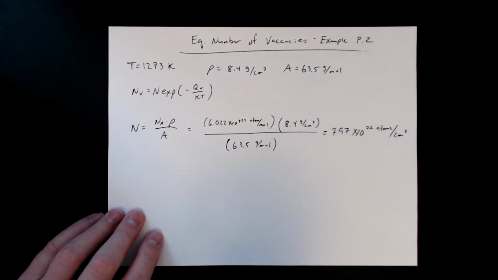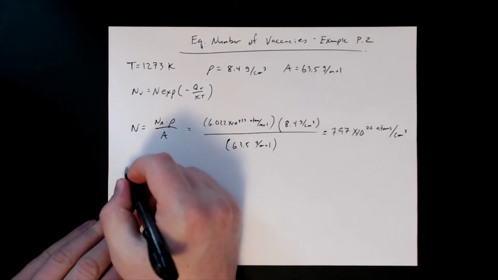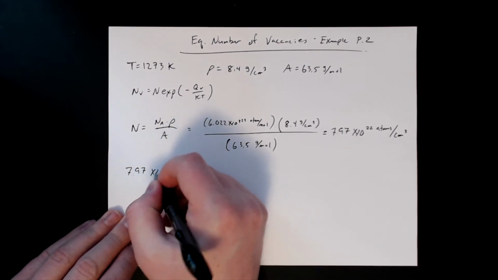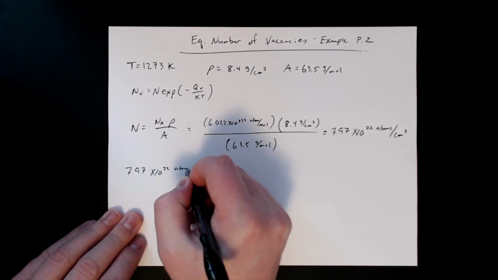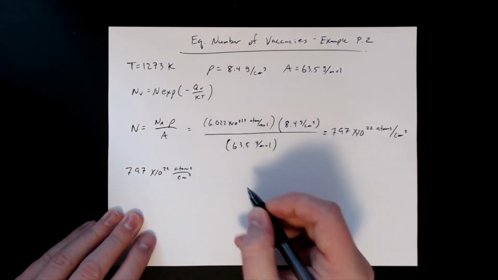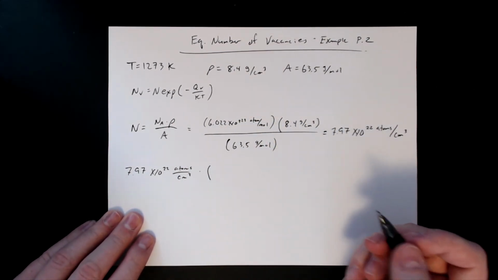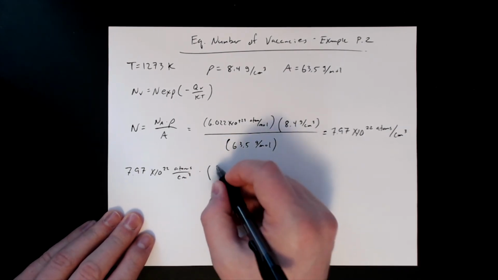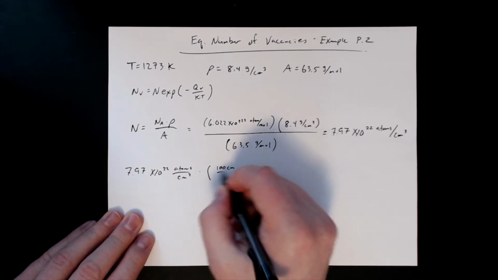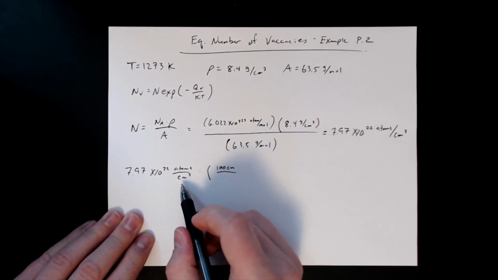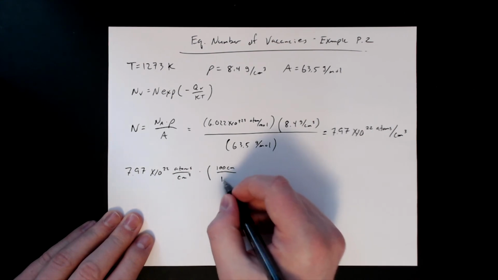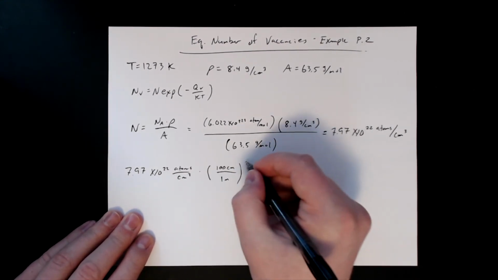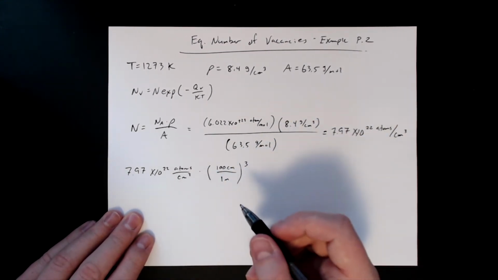But it's going to be quite a bit bigger if we're talking about a cubic meter. So when we convert that, again from atoms per centimeter cubed, we want to convert cubic centimeters to meters. We have 100 centimeters on the top because we want to cancel out the cubic centimeters, and then 1 meter, and then if we just cube all of that, that'll give us our conversion.